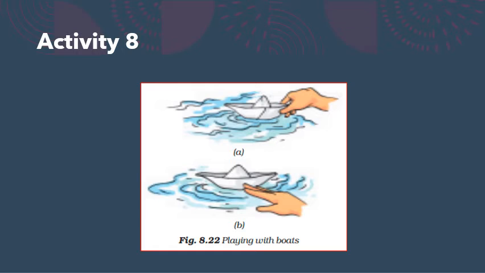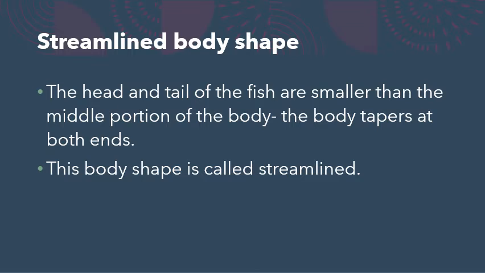Now, have you noticed that the shape of the boat is somewhat like a fish? Okay, the shape of the boat and the shape of the fish is almost similar. The head and tail of the fish are smaller than the middle portion of the body. The body tapers at both ends.